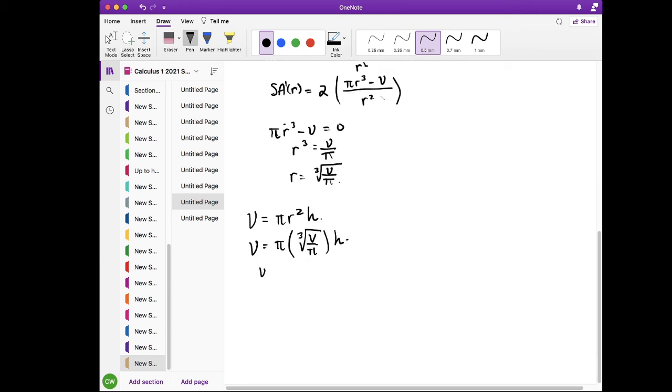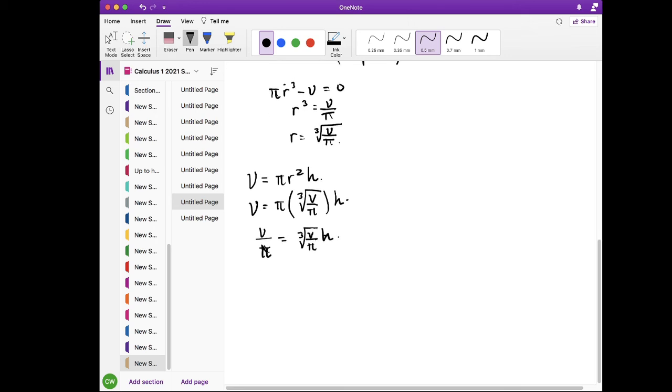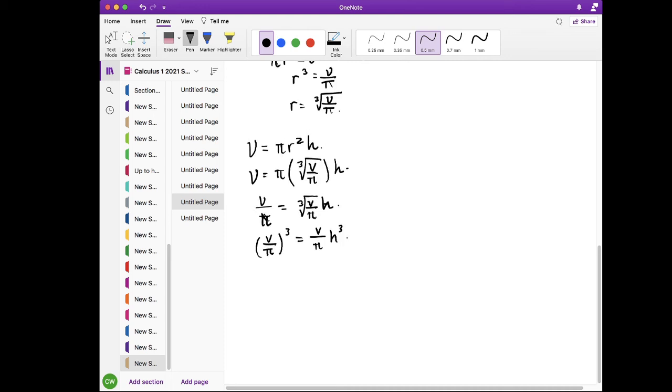So this is v over pi is equal to cube root of v over pi times height. So I could cube both sides to get rid of that cube root. So your v over pi squared is equal to h cubed. And you have cube root of v over pi squared.